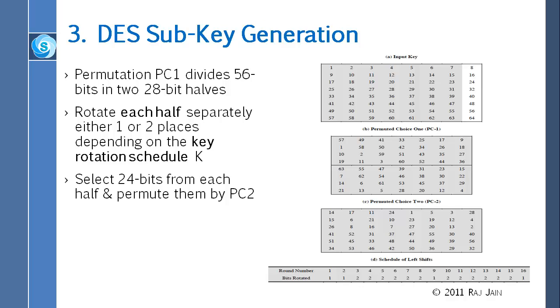So we just take the 7 bits out of each byte and then put them in this order: 57th bit, 49th bit, 41st bit, and so on and so forth. So we take the 56 bits, but we change the order like this. There are first 28 bits, and this is the next 28 bits.